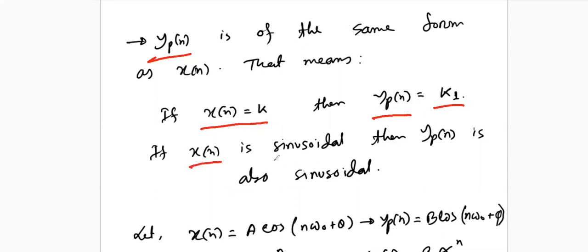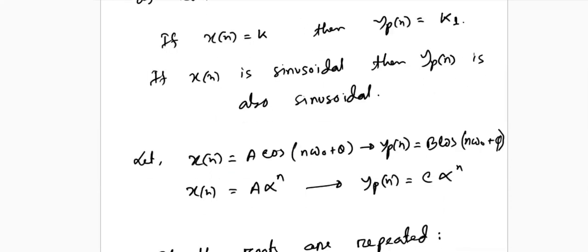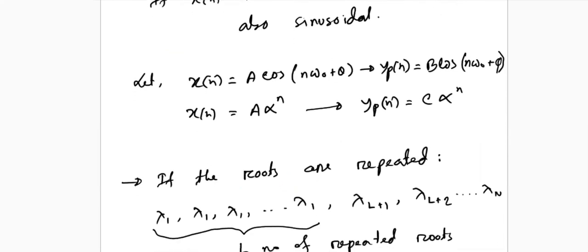If xn is sinusoidal, the ypn, that means the particular solution, is also sinusoidal. So how can we assume this? That is the clue. Let xn be like this, then ypn is like this, where the magnitude could change and the phase could change, but the pattern, this sinusoidal, will remain the same.